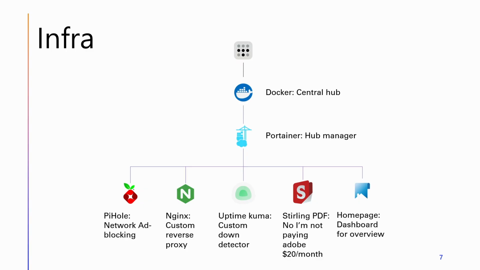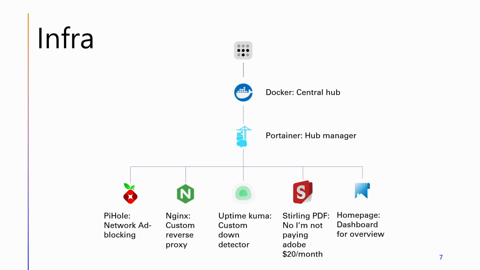It blocks ads on a network level, which means anyone who connects to your network also has ad blocking. And Nginx, which is a custom reverse proxy, and I pair it with Pi-hole to access my custom domain.